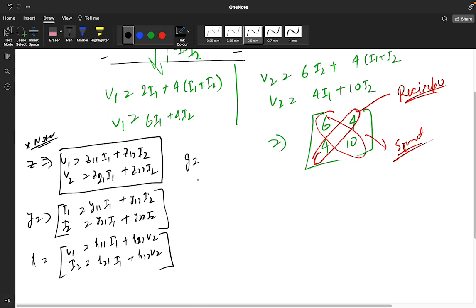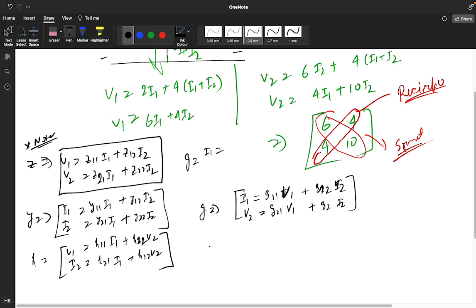For the G parameter, I1 is equal to G11 V1 plus G12 I2, and V2 is equal to G21 V1 plus G22 I2. So this is your G parameter.